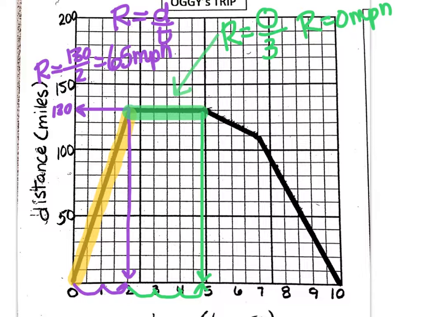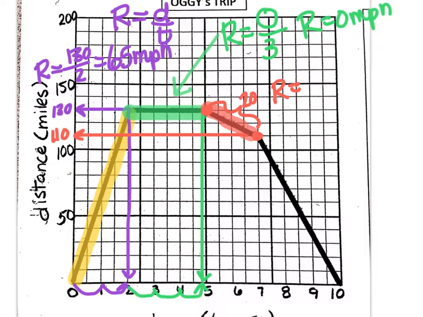Looking at our third piece of this graph would be this little piece right here. Okay? And we start our trip at 130 miles. And we finish this leg of our trip right here, okay? And this piece of our graph ends, if I take this line straight across, at 110 miles. So that means that this entire piece is only 20 miles long, okay?